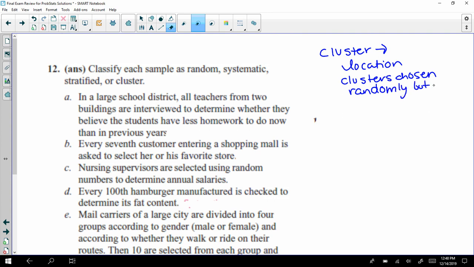But everyone in the cluster is experimented on, right?